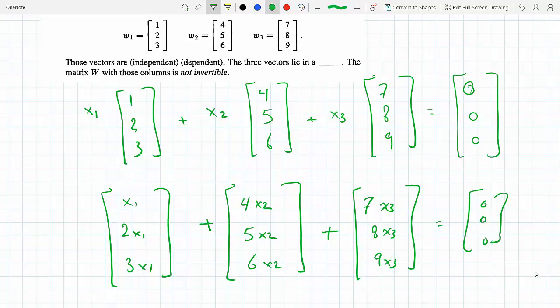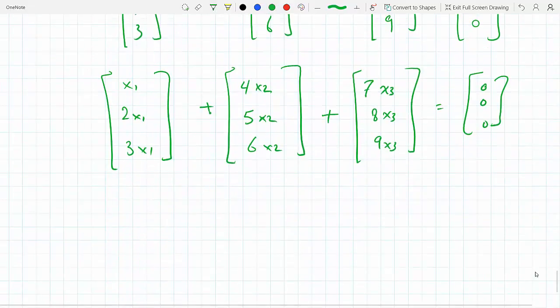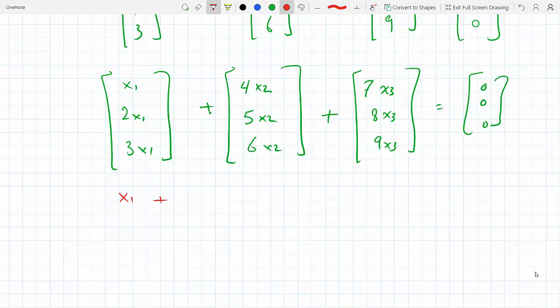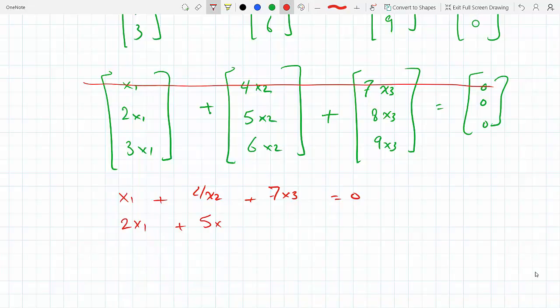Okay, so now we can add the corresponding cells and we will get three equations. So I'm adding this row that has to equal 0, so x1 plus 4x2 plus 7x3 equals 0, 2x1 plus 5x2 plus 8x3, second row, has to equal 0, and 3x1 plus 6x2 plus 9x3 equals 0.